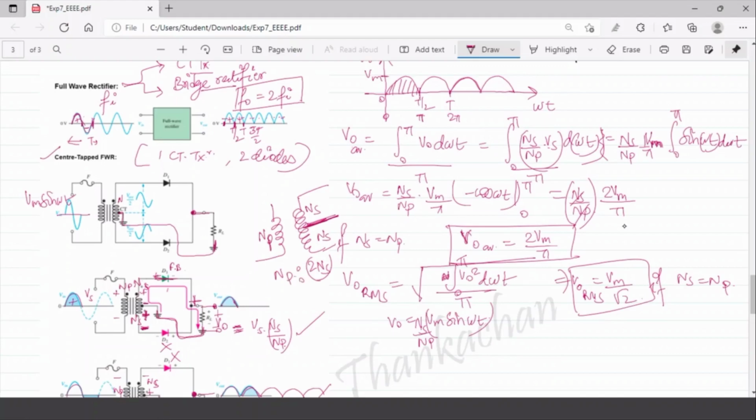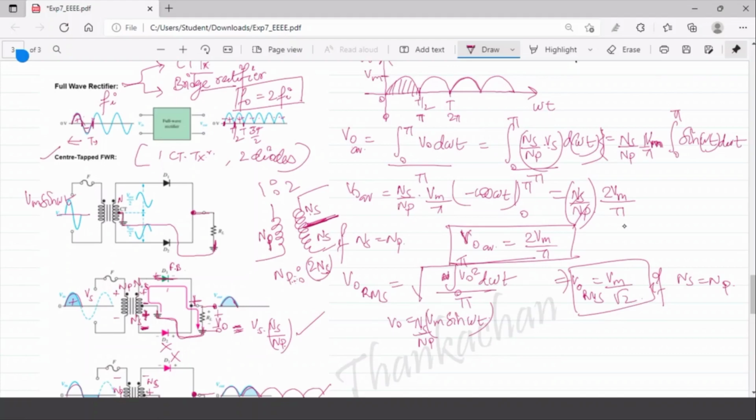I can say Np is to 2 Ns, and here if Np is equal to Ns, this is a 1 is to 2 turns ratio. If Np and Ns are both same, this is Np and this is 2 Np, right? Basically it's a 1 is to 2 transformer where equally these two are divided. So in that particular case, the value comes out to be Vm by root 2.